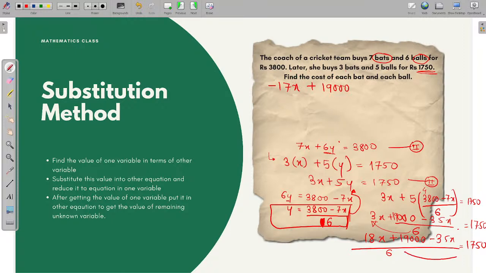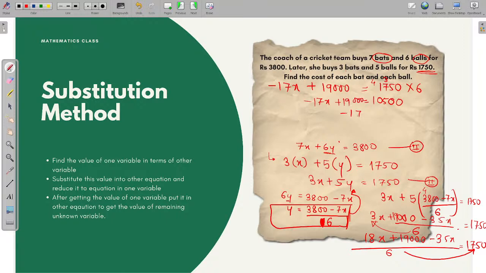And I'll send this 6 to the other side. So I'll get 1750 into 6. Right? 6 times 0 is 0, 6 5s are 30, 0 carry 3, 42 plus 3 is 45, so 5 carry 4, 6 1s are 6 and 4 is 10, and this is minus 17x plus 19,000.